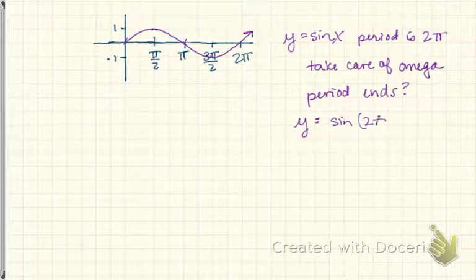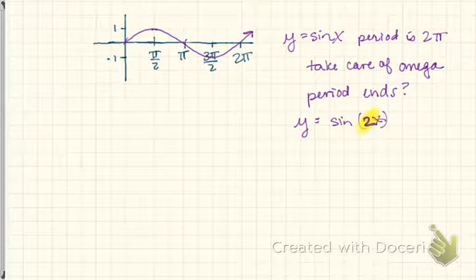Sorry about that. And that means that omega is going twice as fast. So that means that on my graph, one period of sine is going to hit pi, and then there's going to be another period of sine.